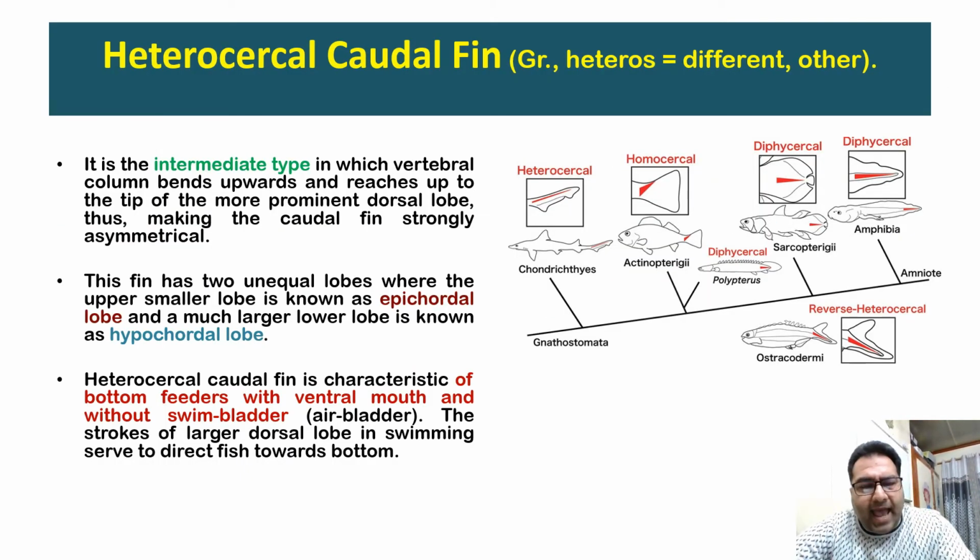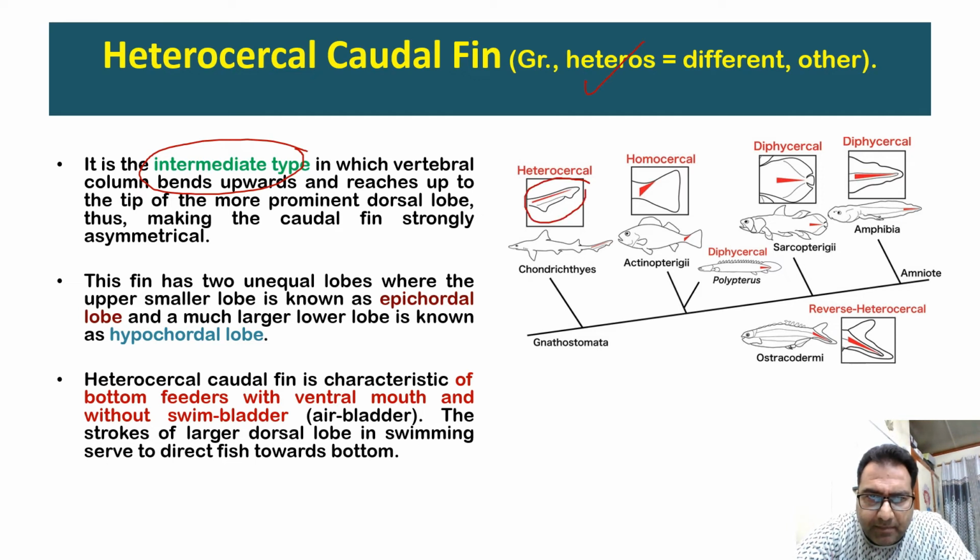Now the another one, that is the heterocercal tail. Hetero means different. Heterocercal caudal fin, it means different. It is the intermediate type, in which the vertebral column bends upwards. Now here what you are seeing, that this very vertebral column bends upward.